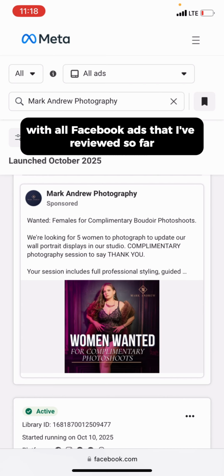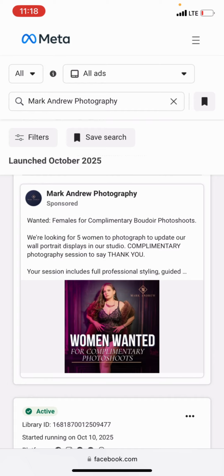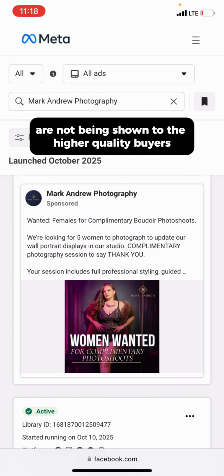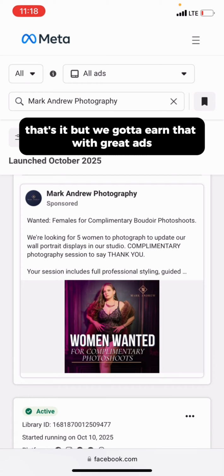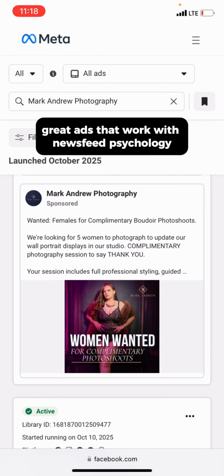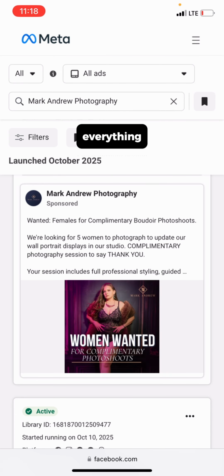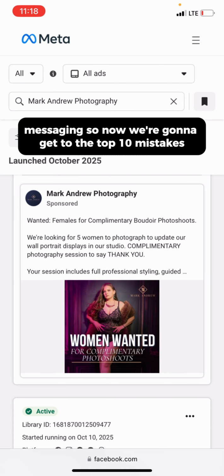Nearly all boudoir Facebook ads that I've reviewed so far are going down the downward spiral of despair, and it's literally just because our ads are not being shown to the higher quality buyers. That's it. But we've got to earn that with great ads, not making these mistakes, great ads that work with newsfeed psychology, human psychology, the Meta ad algorithm, everything, messaging.